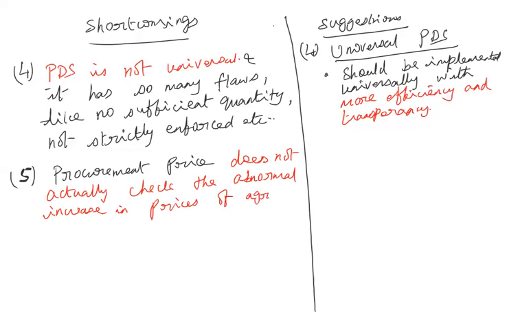The main idea of procurement prices is that if there is an abnormal increase because of shortage, the consumers will suffer. So in order to check that, the Food Corporation of India has to purchase the commodities from the farmers so that the price will be lesser than the open market price. But that is not happening in the country.